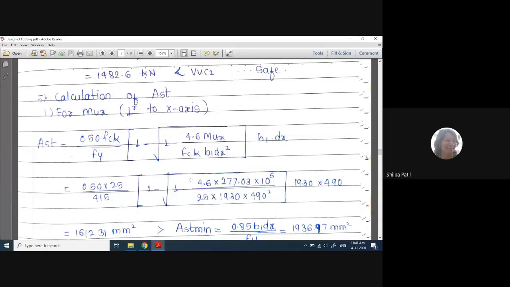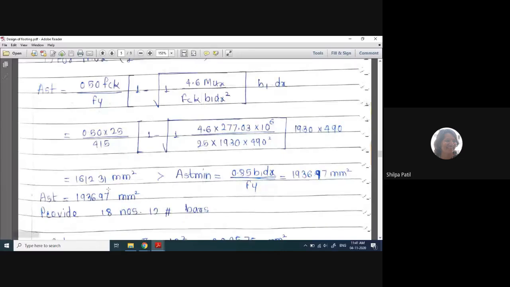All these values are put and we get the AST value here. We have to compare this with the minimum AST. Now minimum AST formula is the same which we have used for design of slabs or beams? Beams. So this formula is for beam, minimum AST for beam.